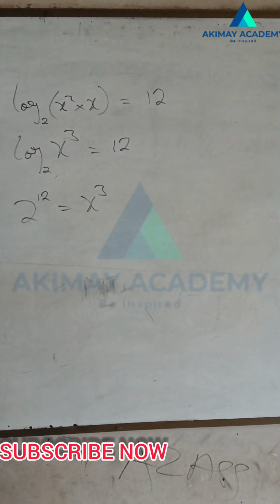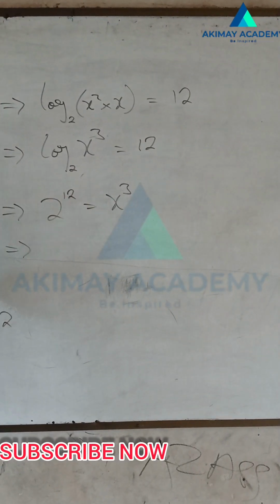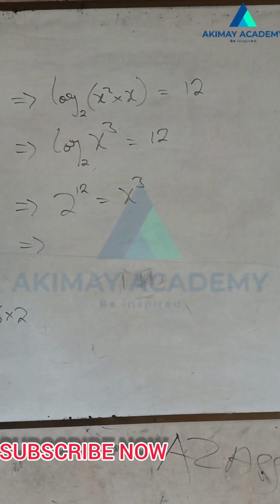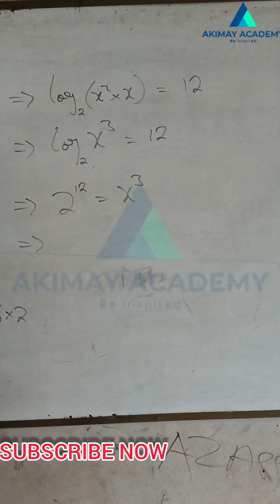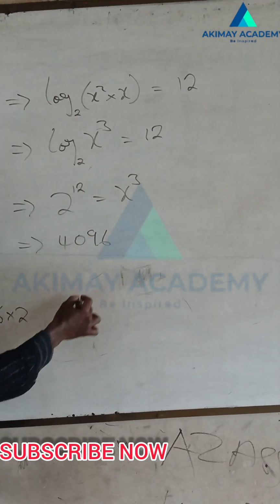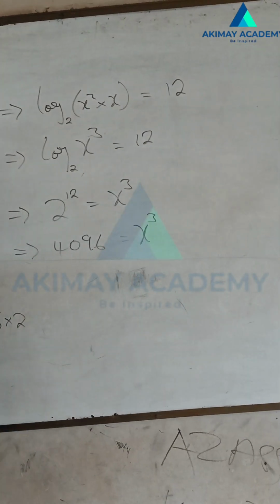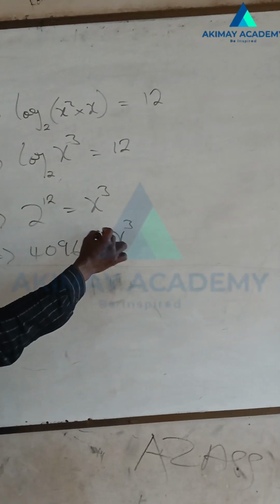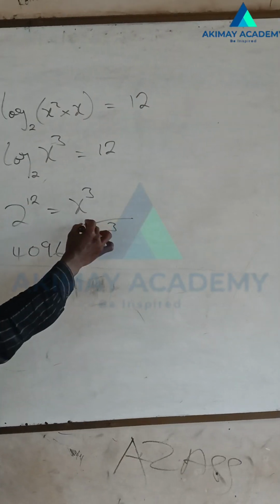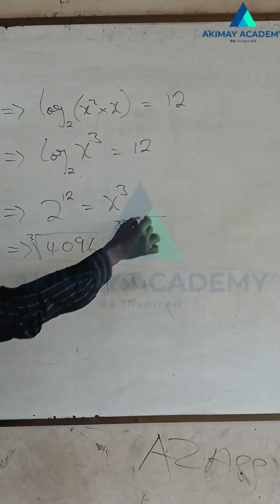Okay, so 2 exponent 12, what are we going to have? 2 exponent 12, and it's going to give us what? 4096, right? Equals x cubed. So over here, what do we do? We take the cube root of both sides. Cube root. So just to cancel this one off.